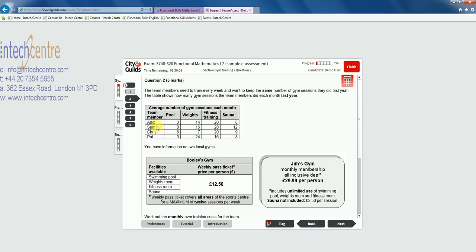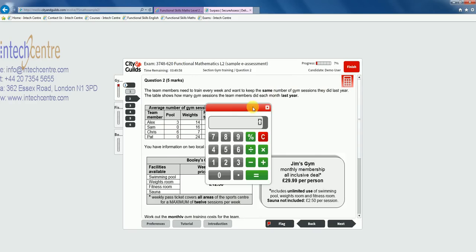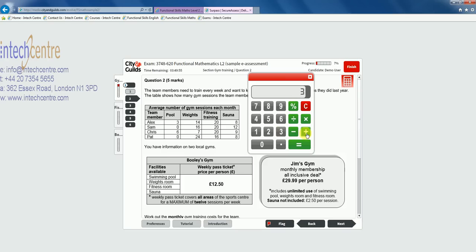As you can see here, Alex did 3 pool sessions, 14 weight sessions, fitness training 20 sessions, and sauna sessions 8. If you add all of them up, 3 plus 14 plus 20 plus 8, because it's only giving you the monthly costs, it's 45 sessions that Alex did in a month.